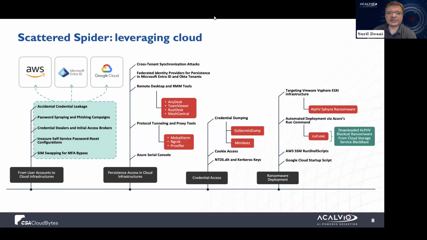So Scattered Spider has been performing malicious activity over the last few years, traditionally started off by compromising on-premise IT environments. This threat actor group has increasingly now pivoted towards exploiting cloud workloads. And so in this particular case, what Scattered Spider group does is prior to being able to detonate the ransomware, they gain access to the target environment, in this case, a cloud workload.